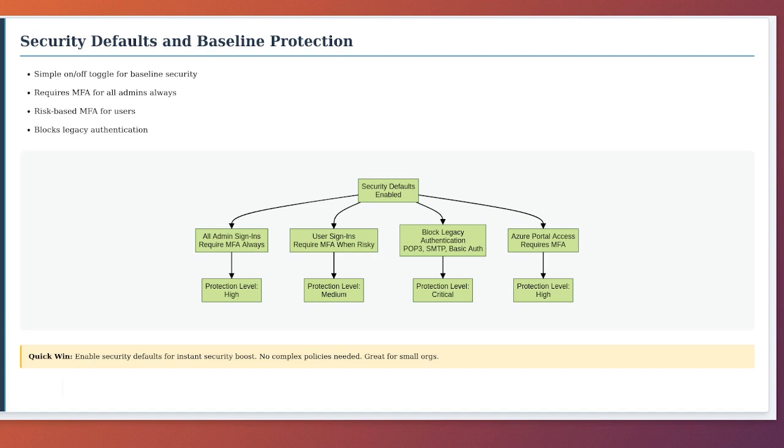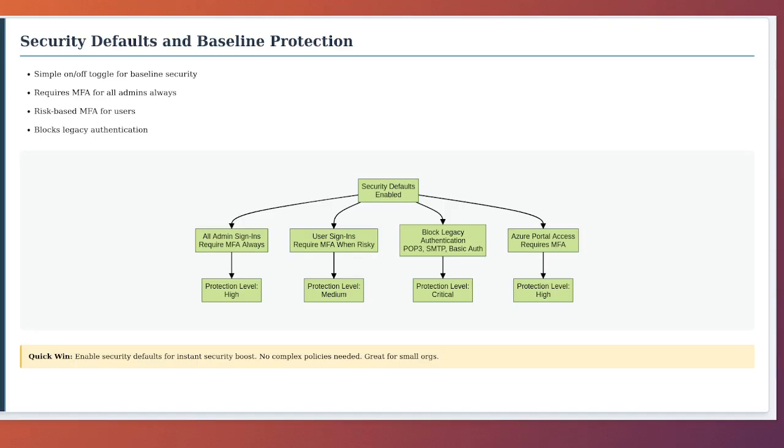Legacy authentication protocols like POP3, SMTP, or basic authentication are completely blocked because they do not support multi-factor authentication, preventing attackers from bypassing multi-factor authentication by using these older protocols. Finally, certain privileged activities like accessing the Azure portal always require multi-factor authentication, even for non-administrator users.